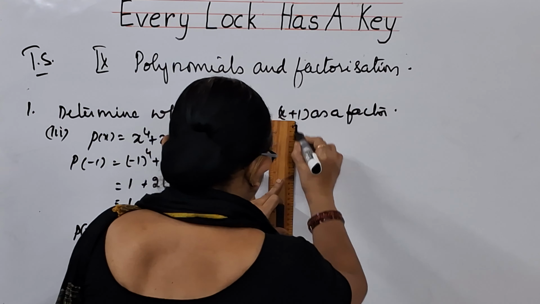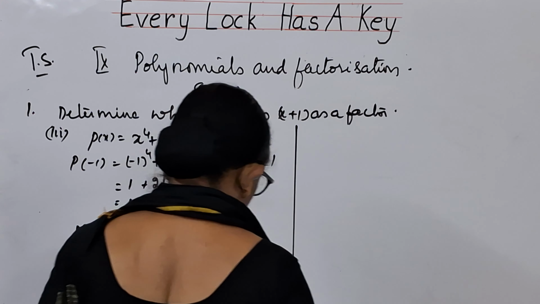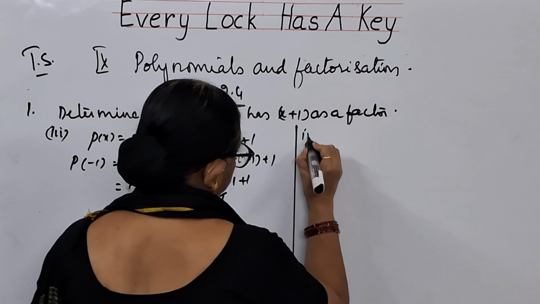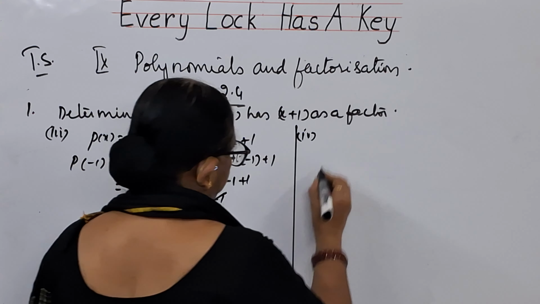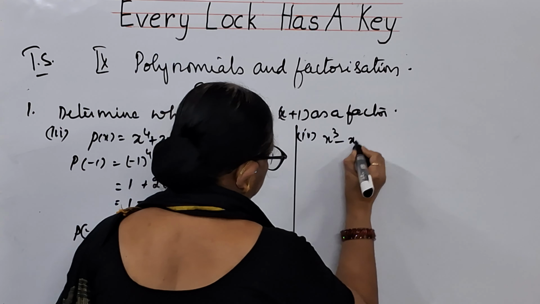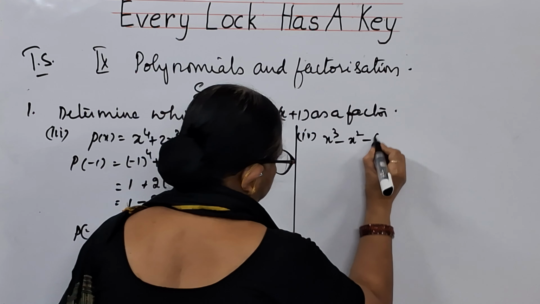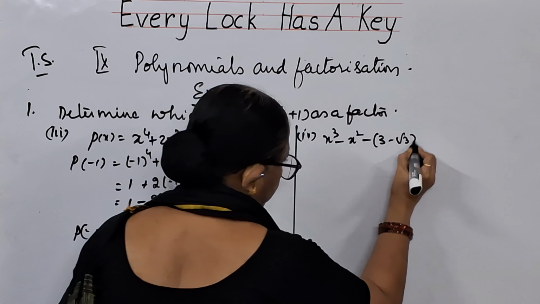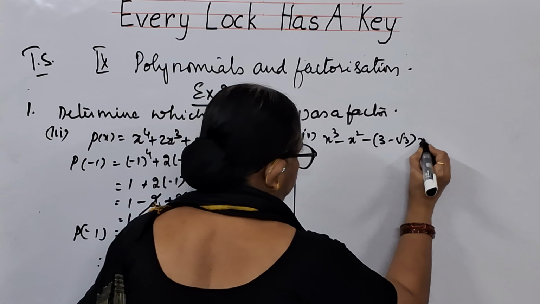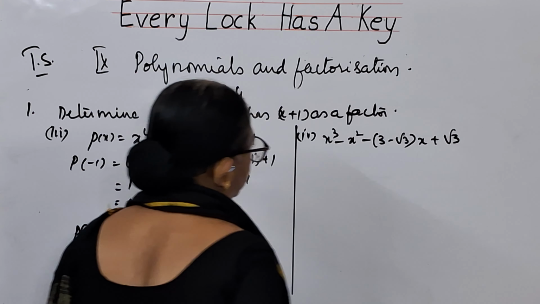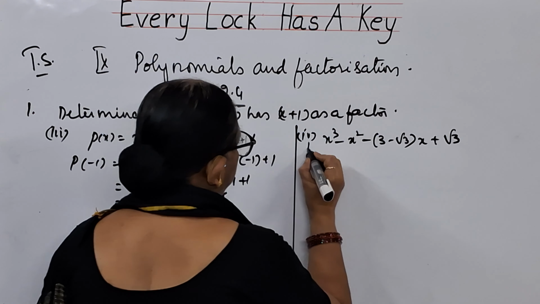Now, fourth bit, x cube minus x square minus (3 minus root 3) into x plus root 3. So this is P of x, children.